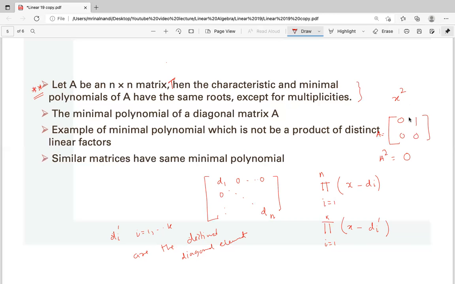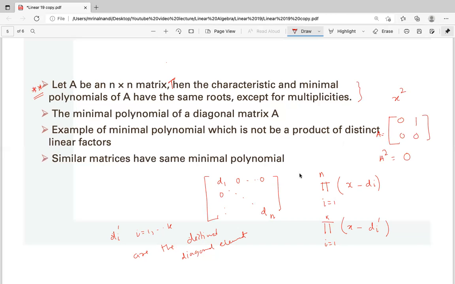So that does not mean that the minimal polynomial has all the roots with multiplicity 1. But for the diagonal matrix, it is true. The minimal polynomial for a diagonal matrix is the product of the distinct x minus d_i.